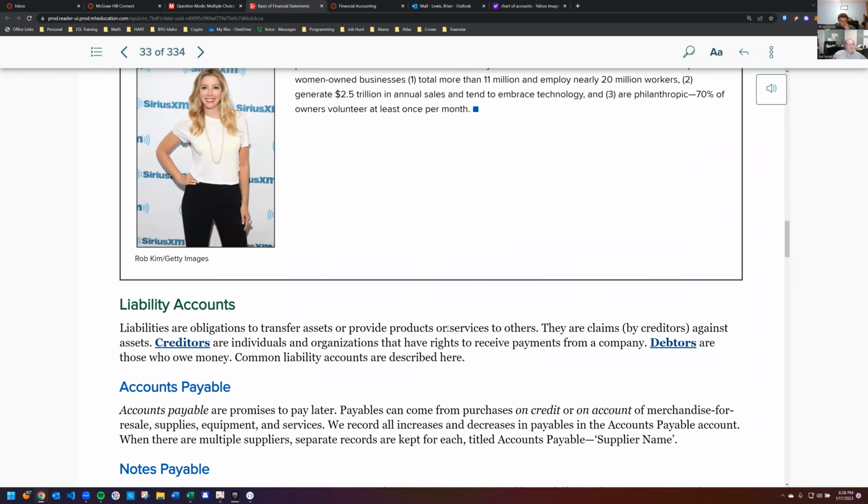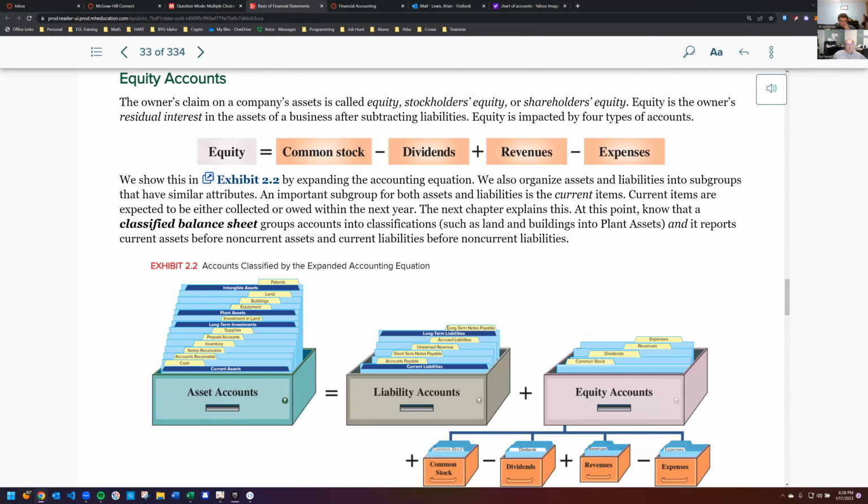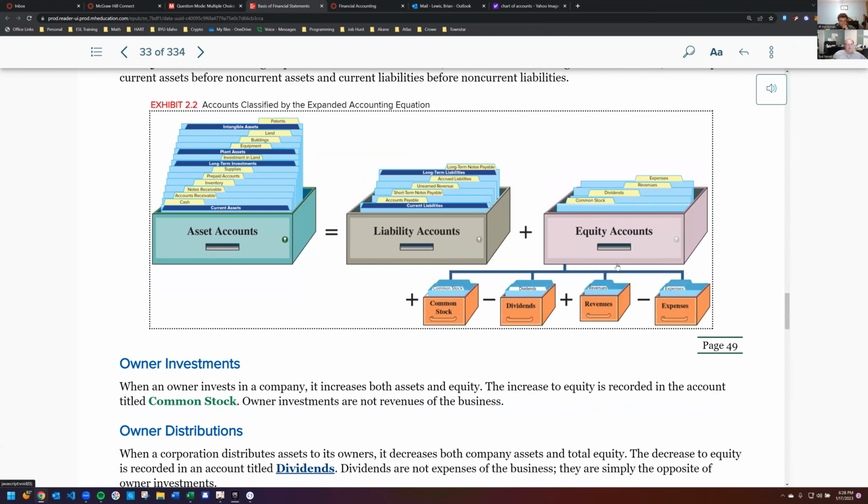That walks you through all those liability accounts and tells you what they are. And this maybe answers your question, Todd. It suggests that revenues are equity accounts, but remember, they're all just part of... Oh yeah, they do have revenues and expenses here as equity accounts. Interesting.